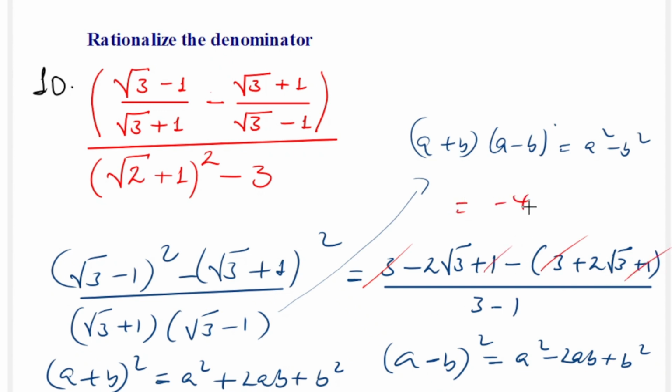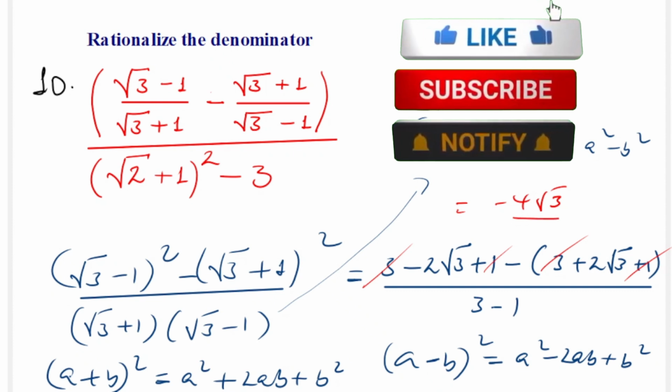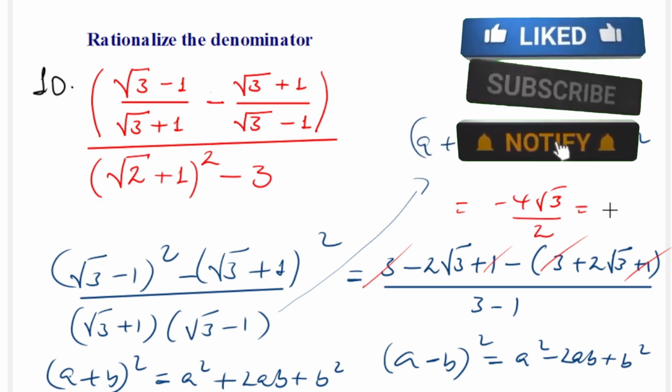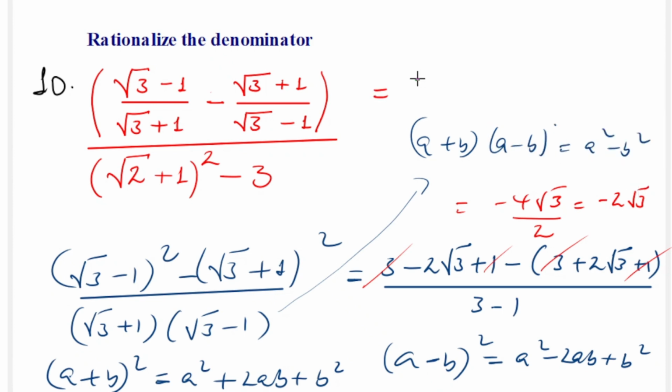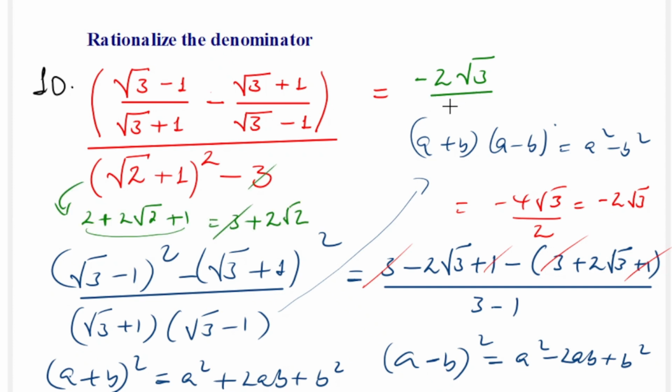We get minus 4 radical 3 over 2, which is equal to minus 2 radical 3. So the numerator becomes minus 2 radical 3. The denominator becomes 2 radical 2. To rationalize the denominator, multiply both numerator and denominator by radical 2. You will get minus radical 6 over 2. So this is the answer.